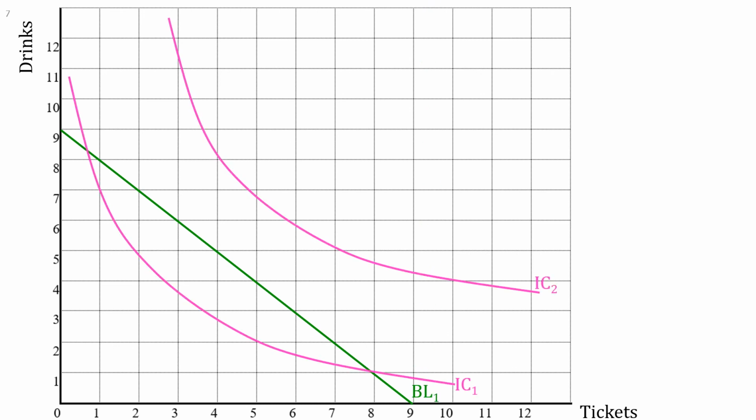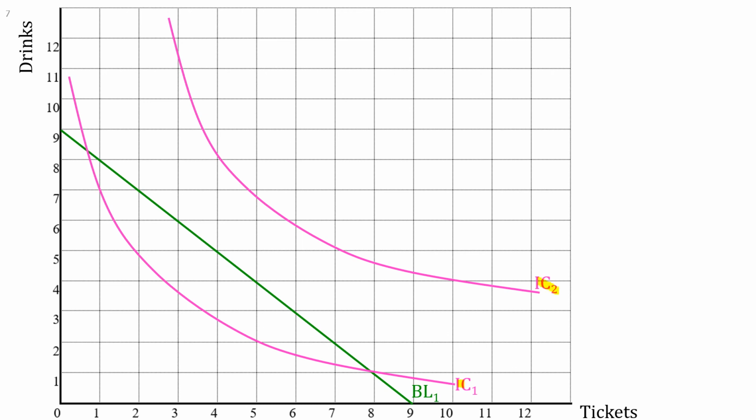All right, draw another diagram for yourself for this part. We are going to look at a budget line. Let's say the intercepts are 9. And we're going to draw 2 indifference curves, IC1 and IC2. So here's the question. Remember, higher indifference curve means higher satisfaction, so IC2 is preferred to IC1.